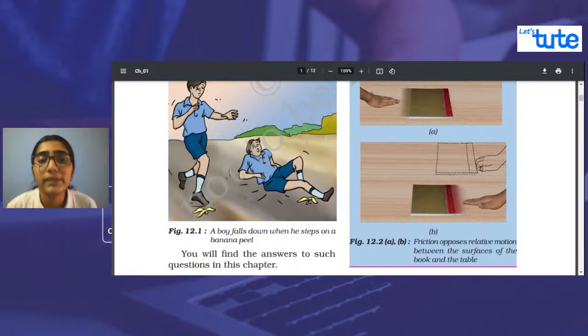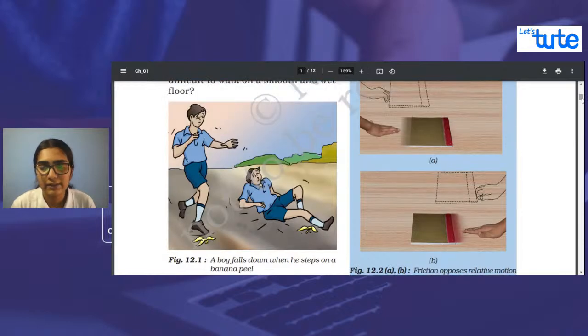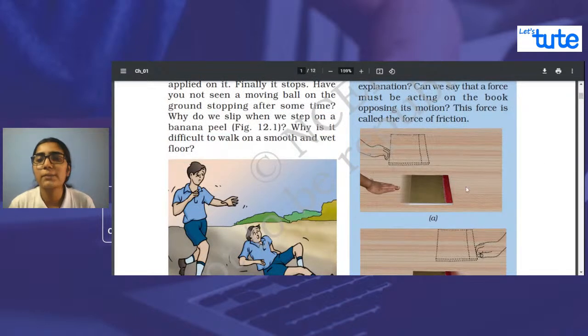Now, what do you mean by friction? Let me quickly tell you the textual definition of friction. Friction is a force that comes into play when two surfaces come in contact with each other. Let's take this example. When you push a book, the book's surface and the table come in contact.